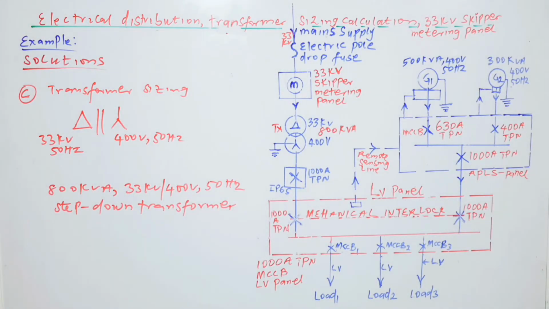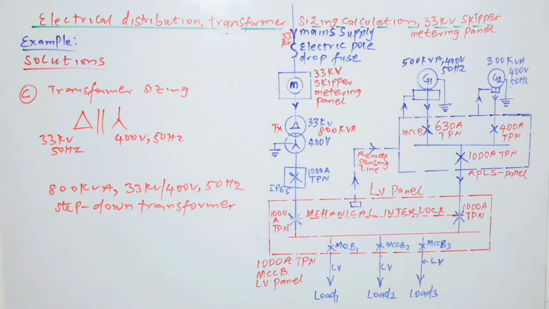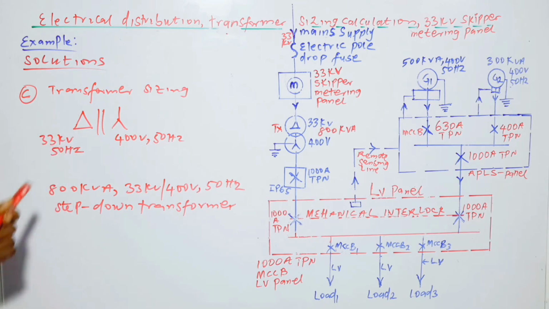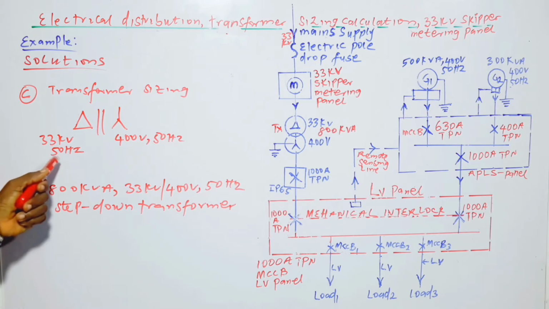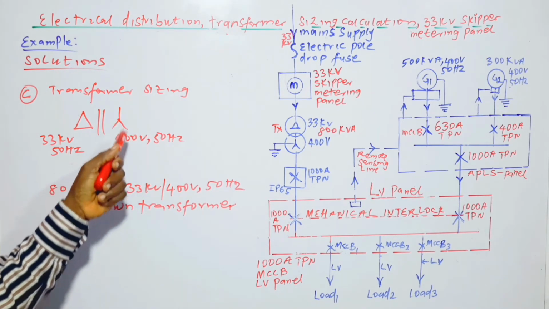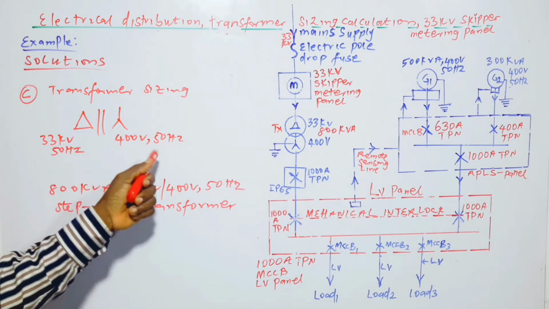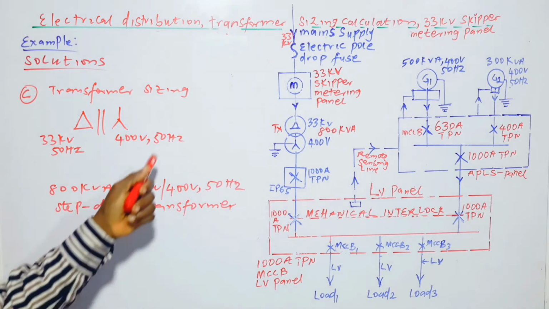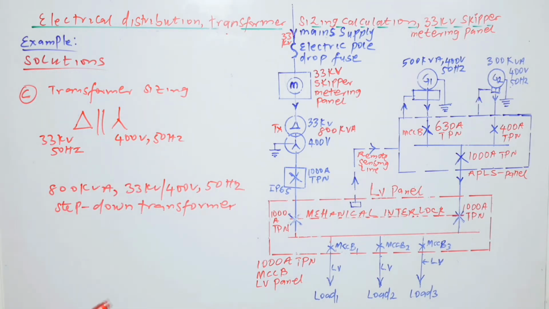The C part, the transformer sizing. We have known that the primary side of the transformer is going to be delta, and the voltage is 33 kV at 50 Hz. On the star side, which is the secondary side, the voltage is 400 volts at 50 Hz.